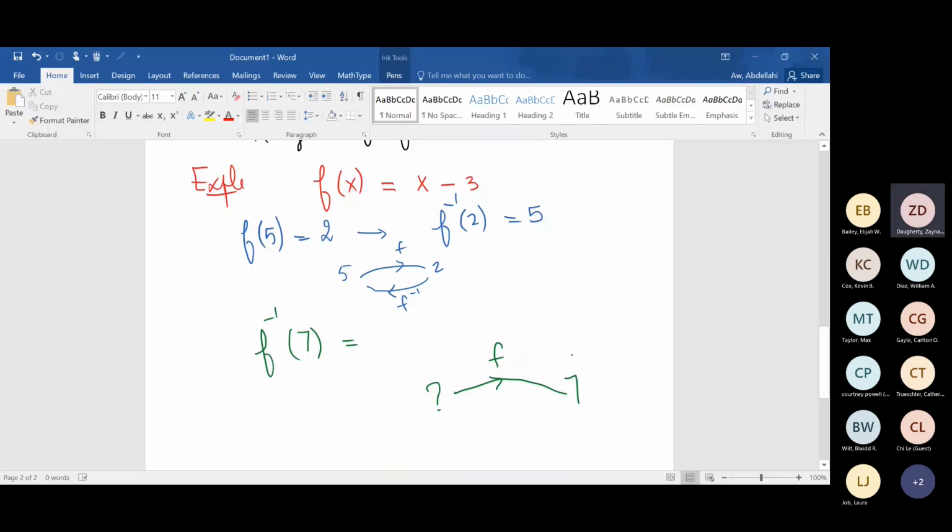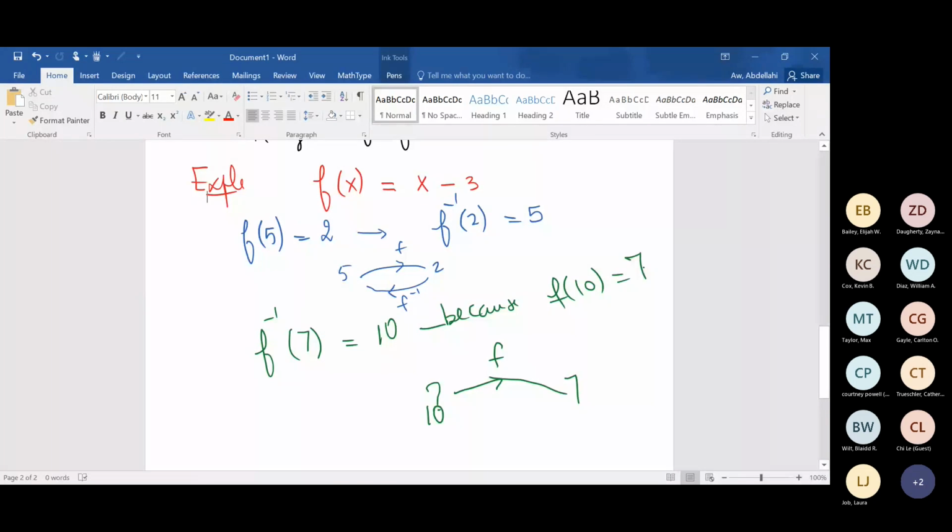Is it 10? It's 10, right? Thank you very much. That x value is 10. When you do 10 minus 3, what do you get? 7, because f of 10 is 7, right?